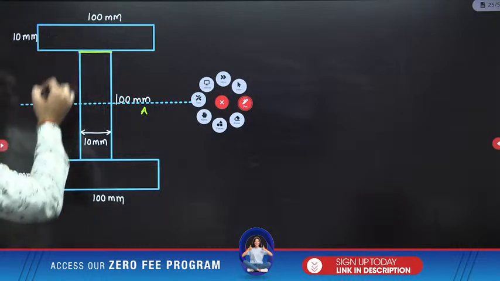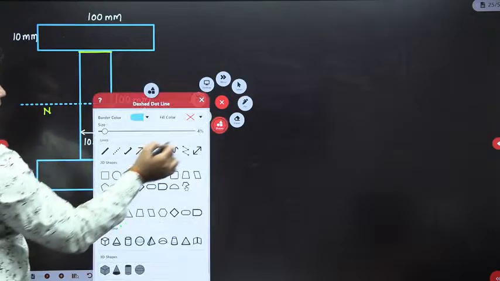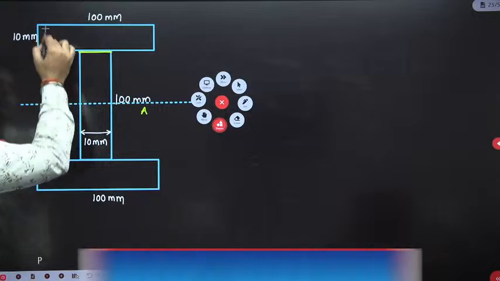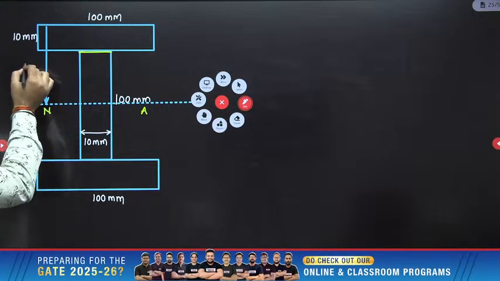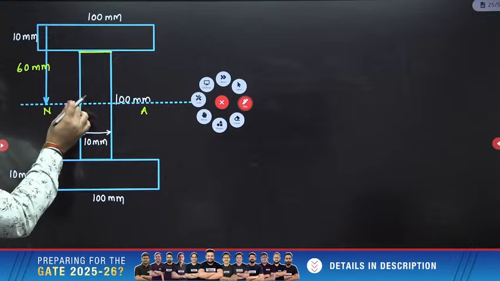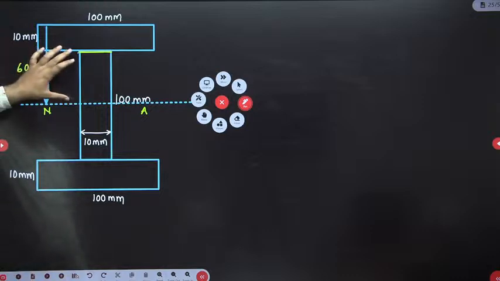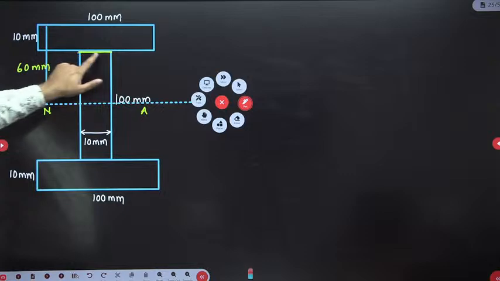The depth of the neutral axis will be 10 plus 100 by 2, so this depth will be 60 mm. From here to here, this will be 50 mm. You need to find the shear stress at this junction.